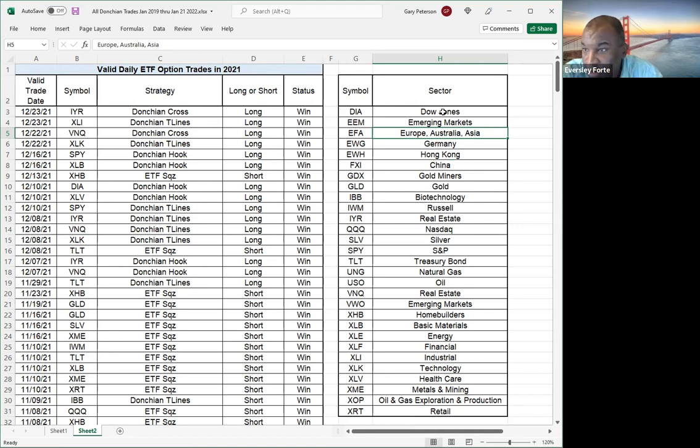These are all the markets we trade, whether it's the Dow, Hong Kong, China, biotech, Russell, silver, NASDAQ. But this is the grouping of ETFs we trade, and the sectors. The reason we trade ETFs rather than stocks is because of implied volatility.